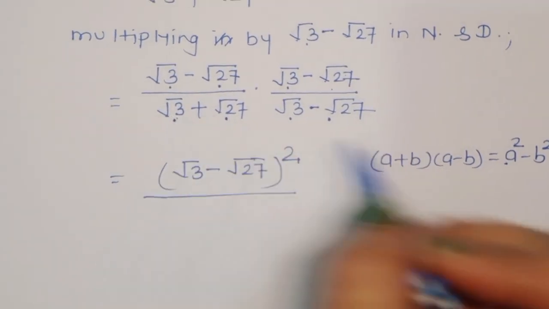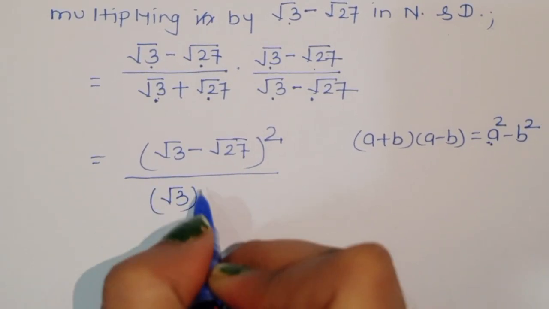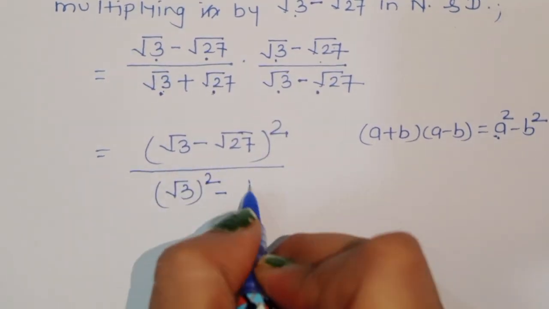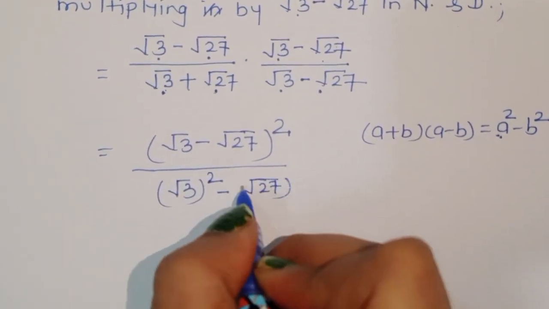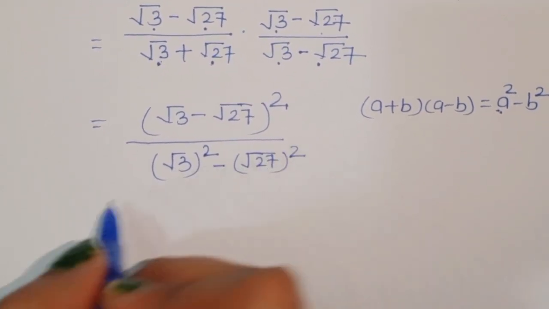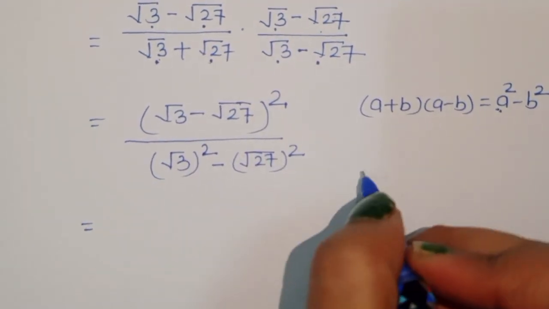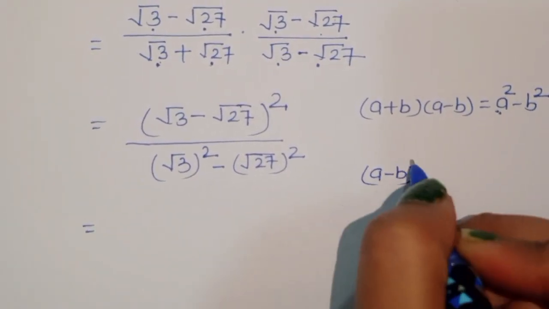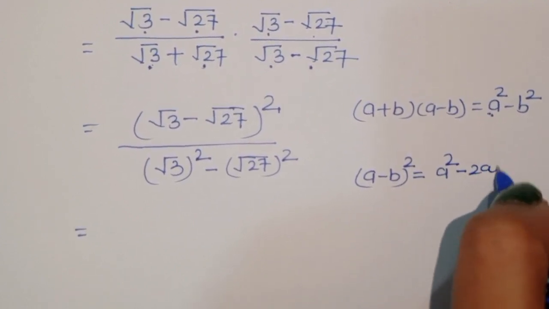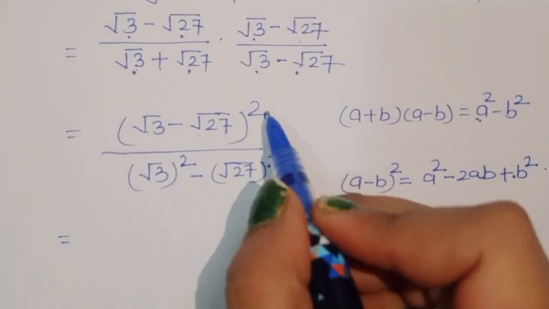Here, comparing, a equals √3, so (√3) squared minus (√27) squared is the denominator, a squared minus b squared. For the numerator we use the formula (a − b) whole square equals a squared minus 2ab plus b squared.